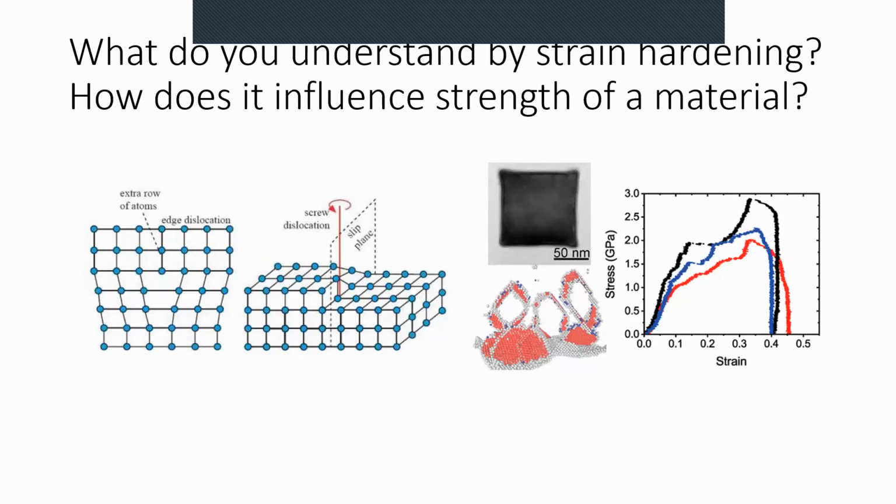We can see different values, but in all these curves, for all these different metals, at a particular point this value gets increased, and this is nothing but the effect of strain hardening. So what influence does it have on the strength of a material? Can you answer?